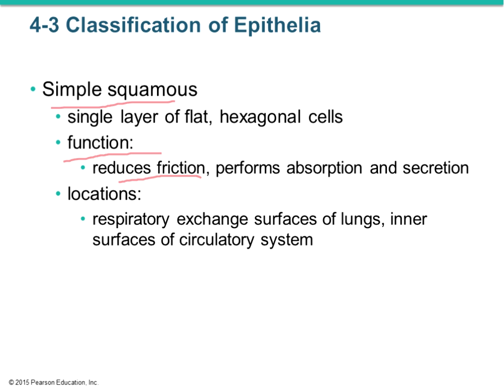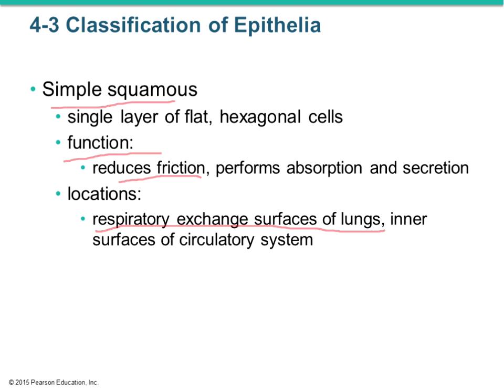Great example of where you find simple squamous epithelium is the respiratory exchange surface of the lungs, which should make sense to you because, where oxygen is being exchanged, essentially, deep in our lungs at what are called the alveoli, you'd want something very thin down there, right? You want the gas to be able to diffuse through that fairly easily.